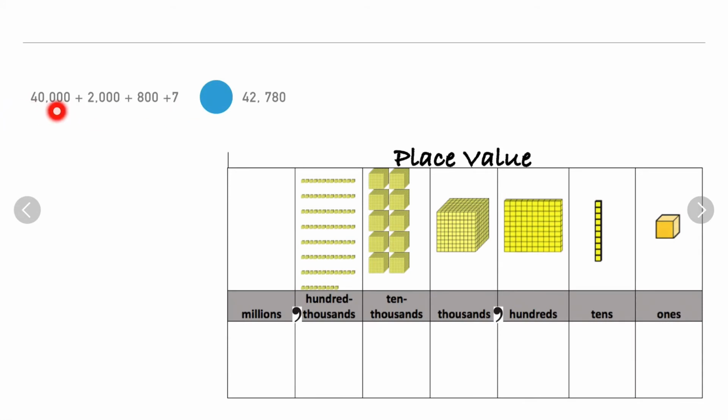In this problem, we're going to be comparing two numbers, the first number in expanded form and the second number in standard form. 40,000 plus 2,000 plus 800 plus 7, compared to 42,780.